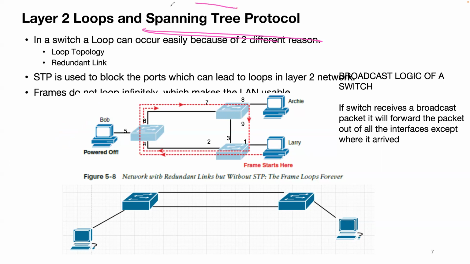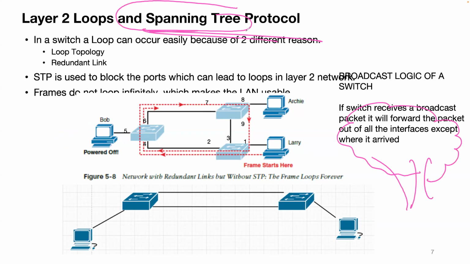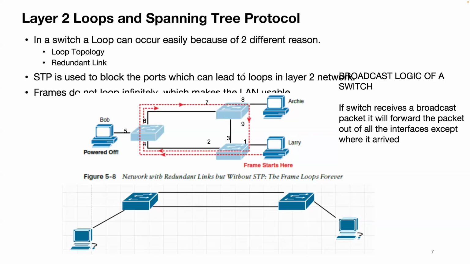What does spanning tree mean? Spanning tree means think like a tree which spans very big. I'm guessing this might be the reason, I'm not saying it officially. See, when you take a tree, right, there is a stem that comes.